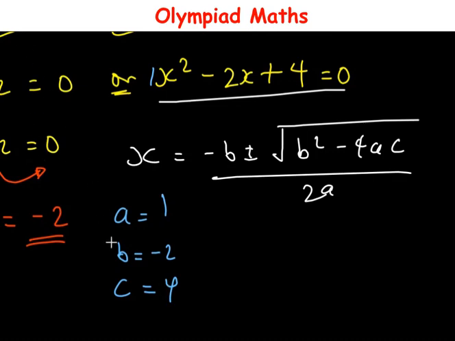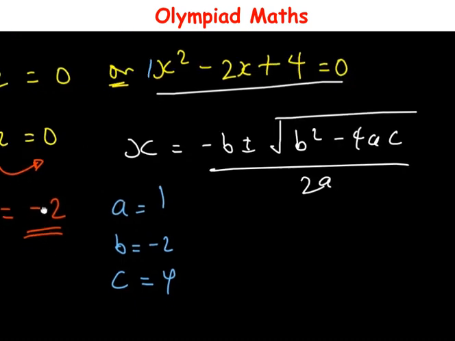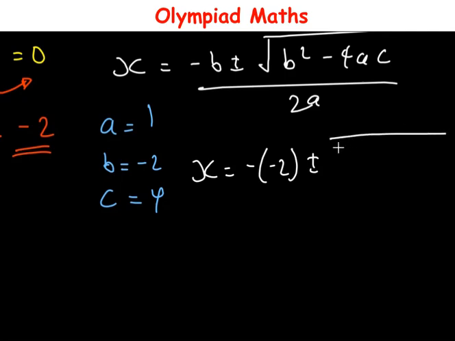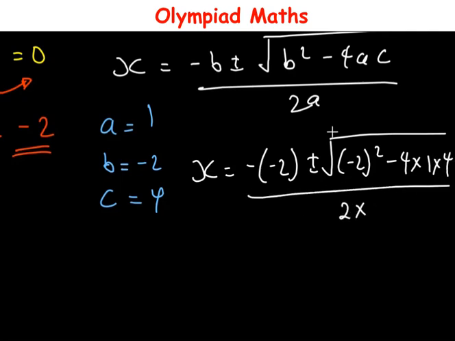So, inputting the values of a, b, c into the formula, the value of x is then equal to minus, b is minus 2, so in brackets minus 2, plus or minus square root, b is minus 2, so minus 2 all squared, minus 4 times a is 1, times c is 4, then all over 2 times a is 1.